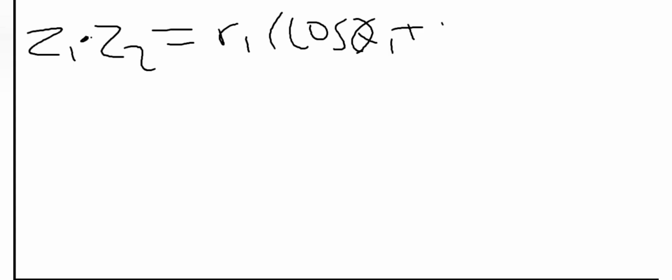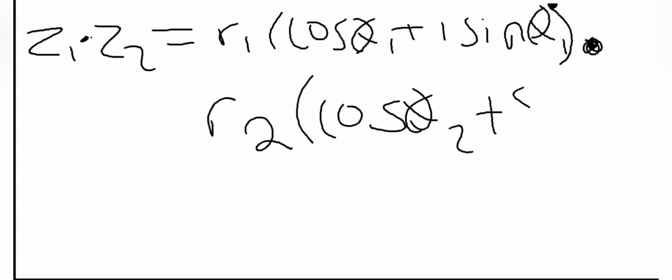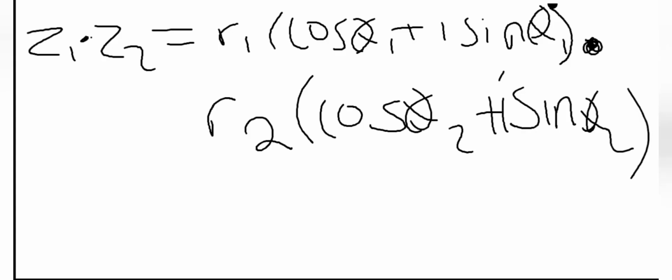In this case, we'll write it as r1 cos angle 1 plus i sine angle 1, close bracket, multiplied by r2 cos angle 2 plus i sine angle 2, close bracket. This means the two angles must be different.